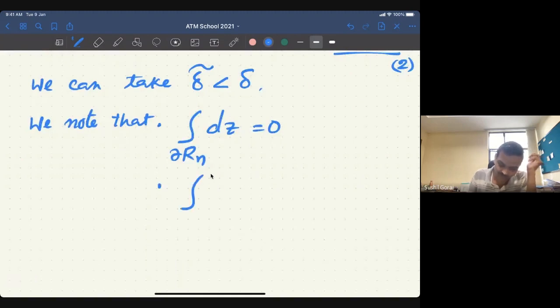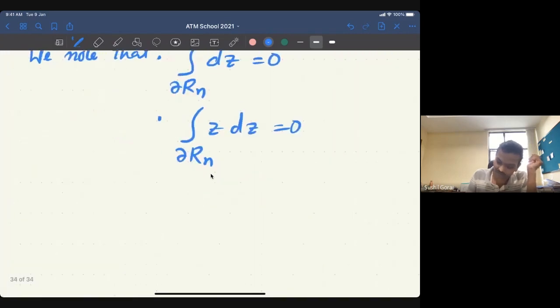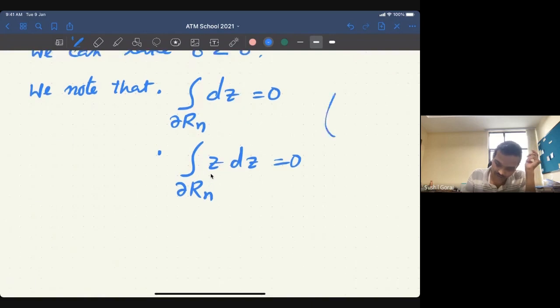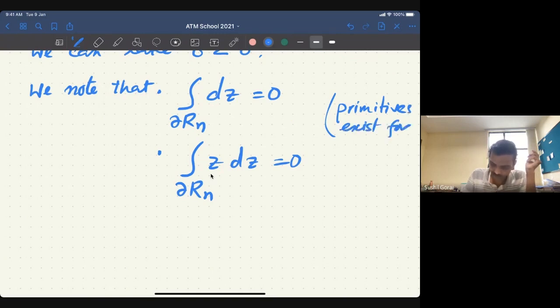We also know this is a closed curve and the function z has a primitive, so the integral of z dz is also 0. Right? So in this case, a primitive exists for the integrands.